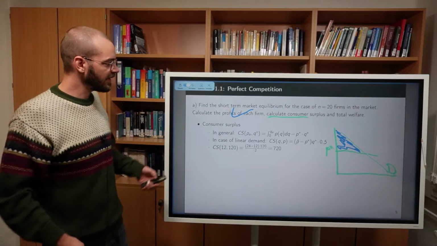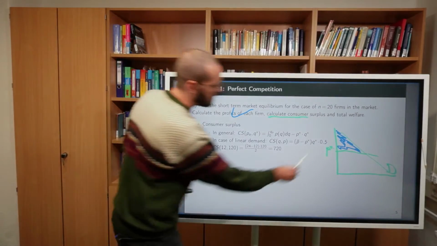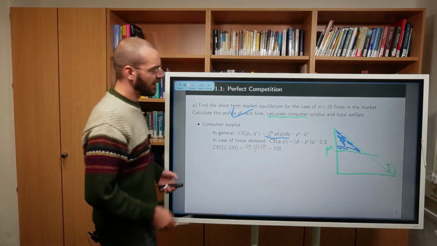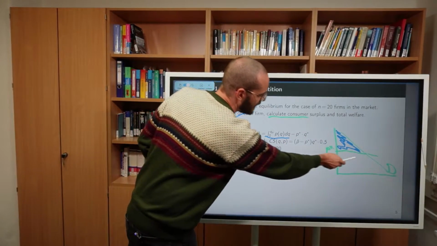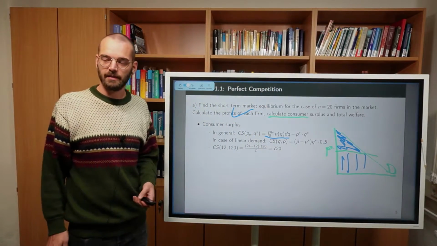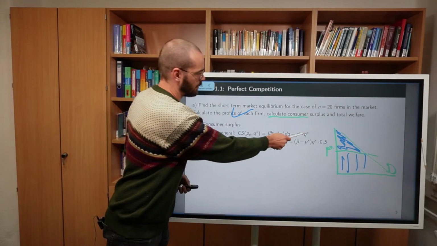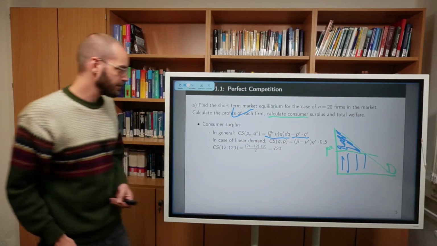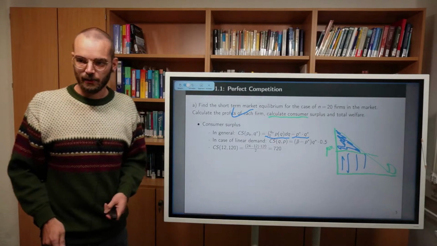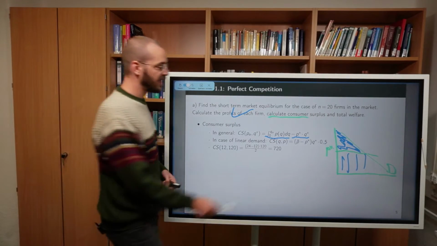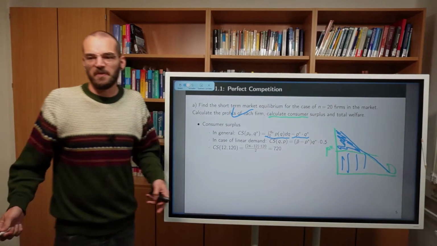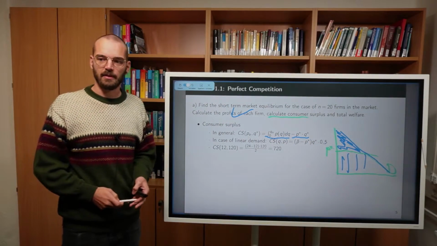How do we calculate this? Well, we can integrate the area below the demand function, which is this half, and then subtract whatever is below the market price, right? That is what is written here in two simple steps. In this particular case, where, as I indicated it in the sketch, we have a linear demand function, right? We don't really need to bother with integrals.